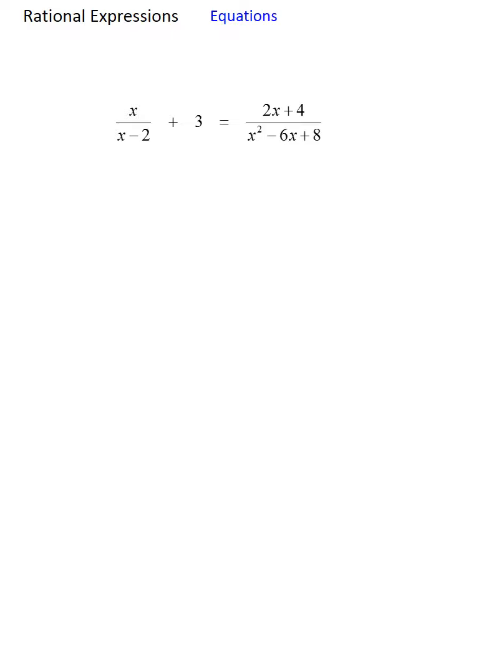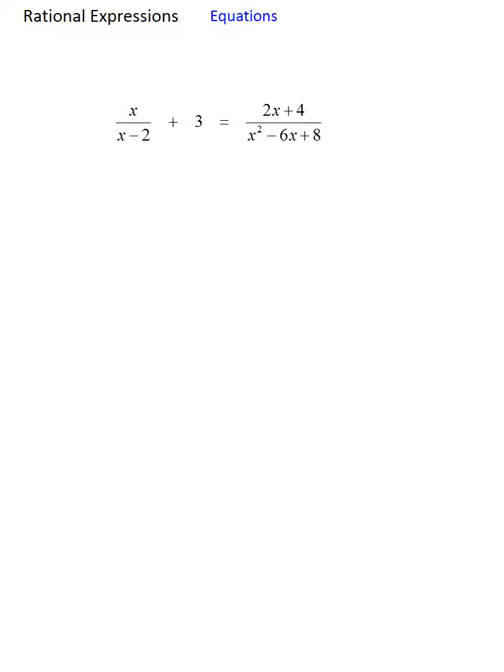But this is the first time that an equal sign has shown up in the problem, and that implies that we're looking for a specific value or values of x that will make this equation true. So unlike all the other videos, video 8 is showing you how to solve an equation to find out that x is a specific number or specific numbers. That's our goal.